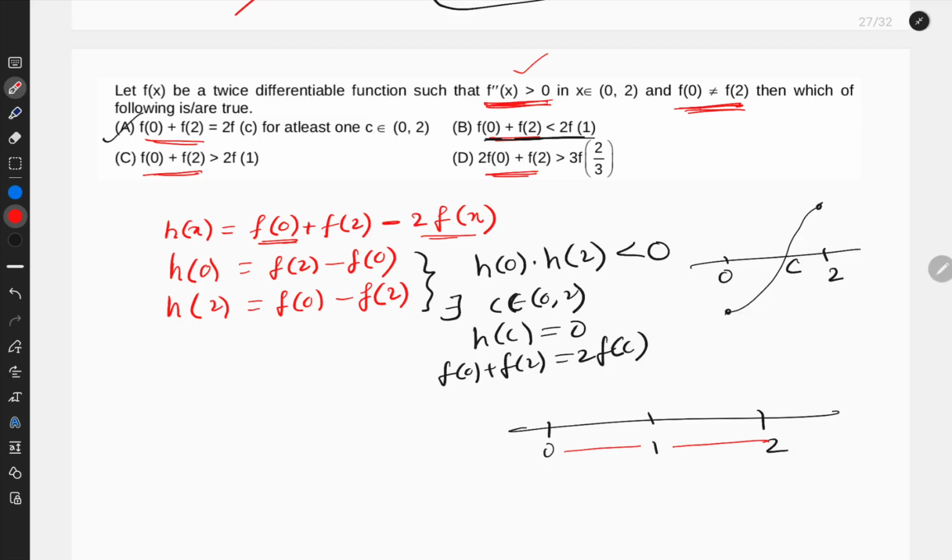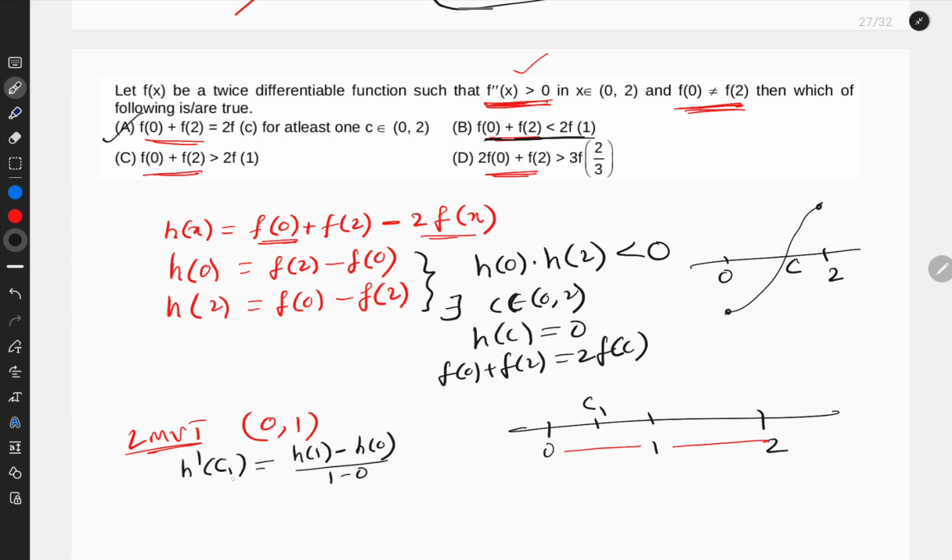If you apply LMVT for 0 to 1, suppose there exists a c1 between 0 and 1, h dash of c1 equals h of 1 minus h of 0 by 1 minus 0.